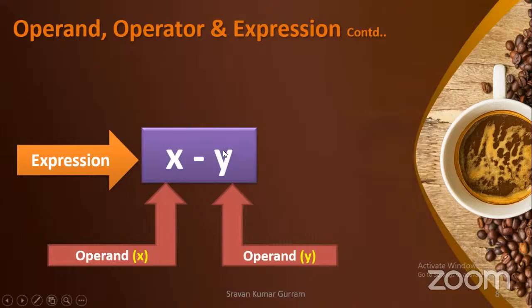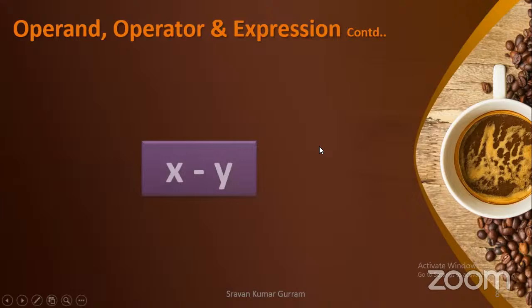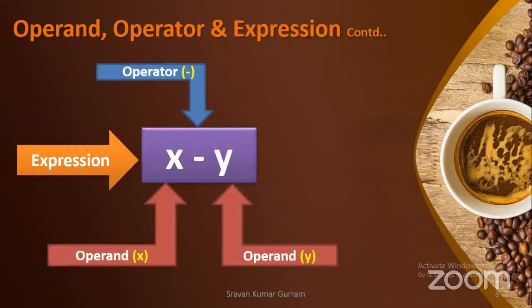And one more change is that in the previous example, the operands were constants. In this example, the operands are variables and the operator is subtraction. These are operands, where each operand is a variable. This is the operator, and the operator is the subtraction operator in this example. And entirely, this is called an expression.